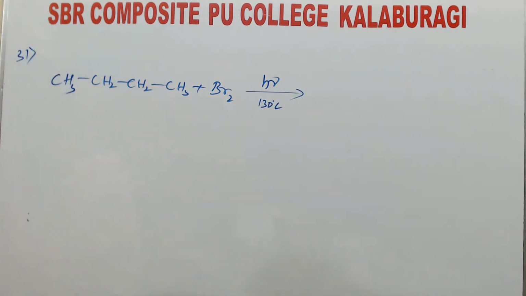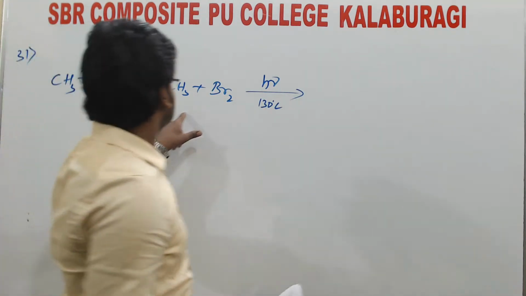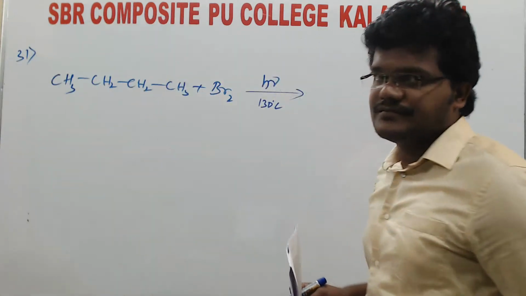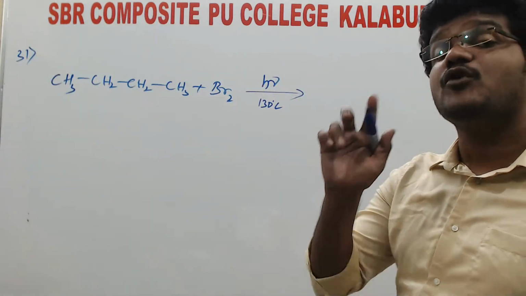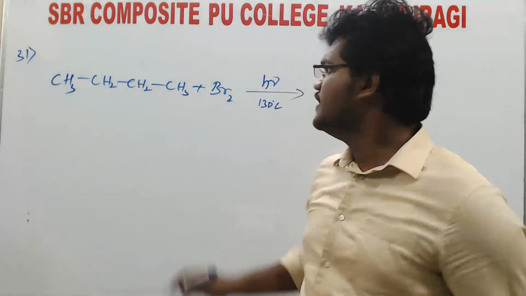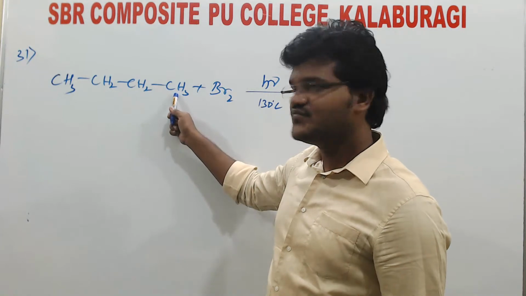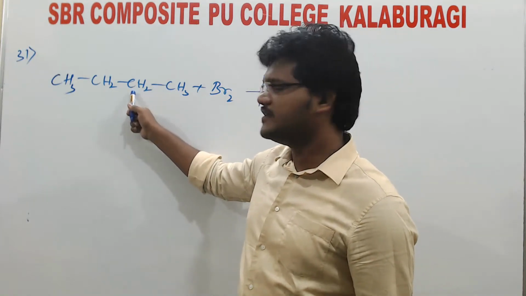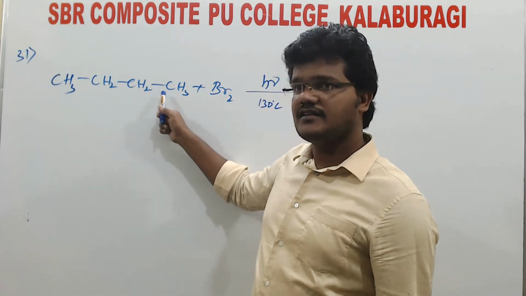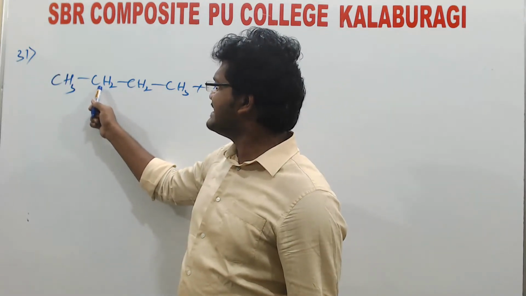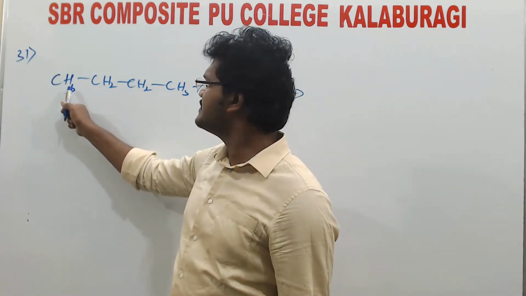What am I going to get? Please do remember, bromine is added to an alkane, a substitution reaction. So there is a possibility of formation of 2 products. This bromine can replace a hydrogen of this carbon, or also this carbon. If it replaces this, it is the same as if it replaces that.